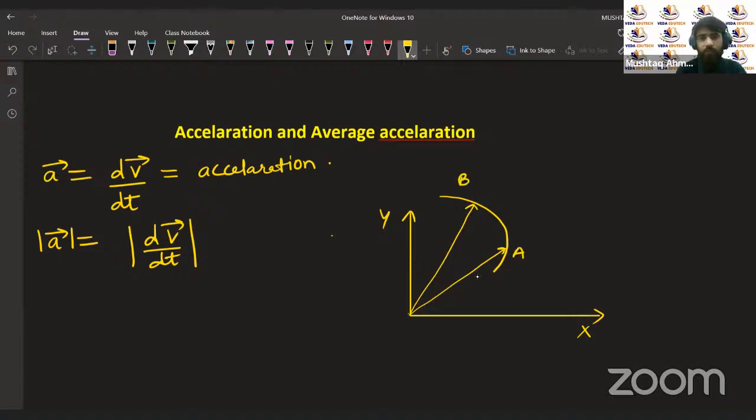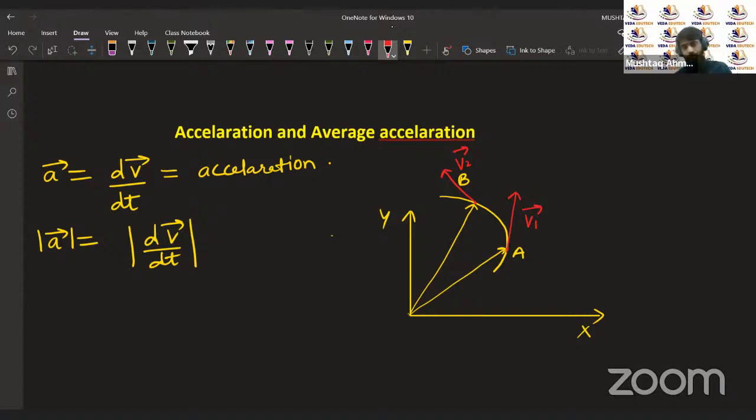And let's suppose that the velocity of this particle at this point is along the tangent, right? Let me call this the V1 vector, and at P the velocity of this particle is along this, that's the V2 vector. Let's suppose that on this curvilinear path, both magnitude as well as direction of this particle are changing.